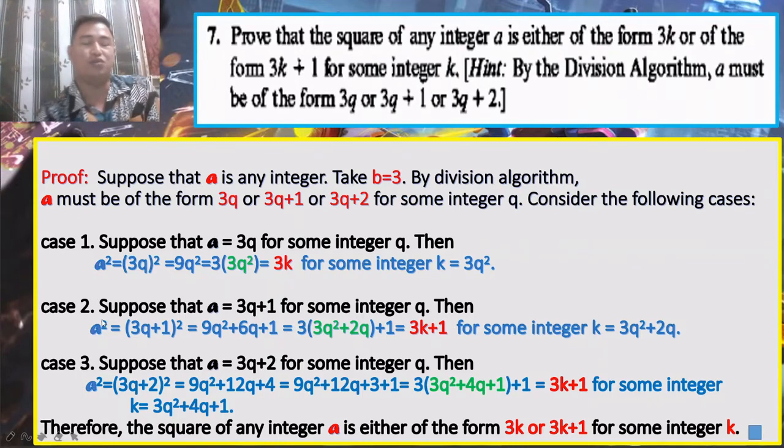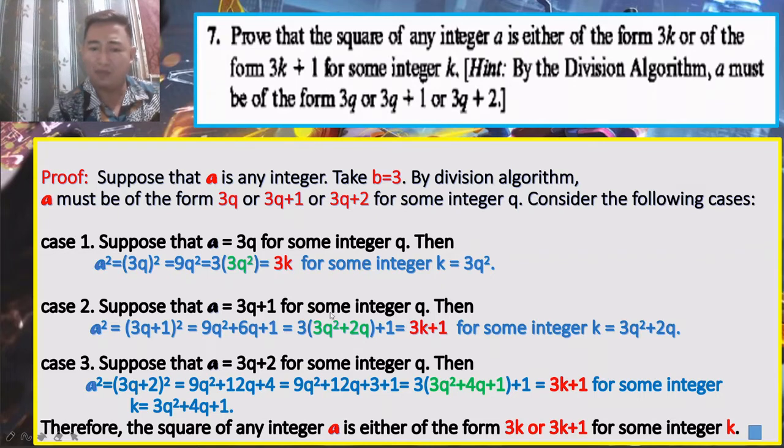Now case 2. Suppose that a is equal to 3q plus 1 for some integer q. Then a squared is (3q plus 1) squared, which becomes 9q squared plus 6q plus 1. Factor out 3 from the first two terms: 3 times (3q squared plus 2q), then plus 1.